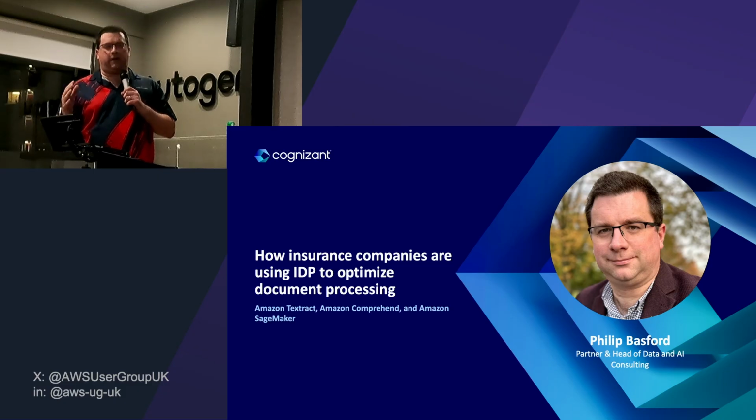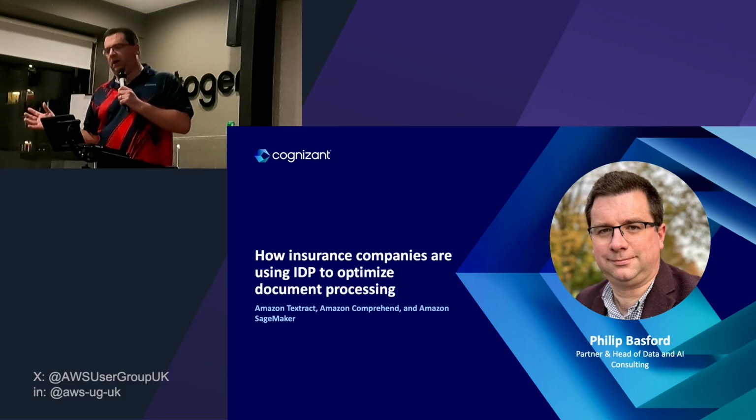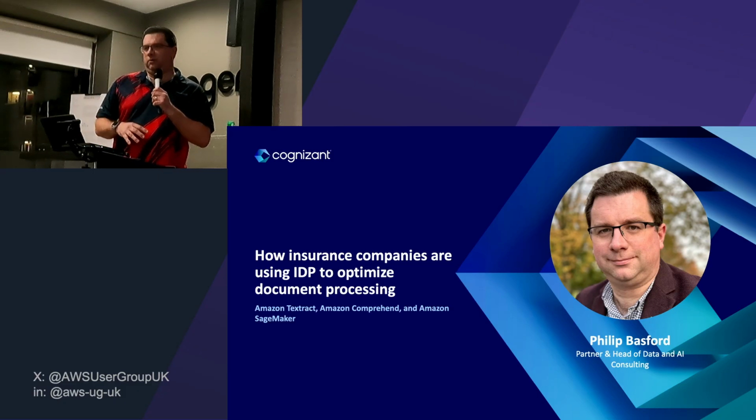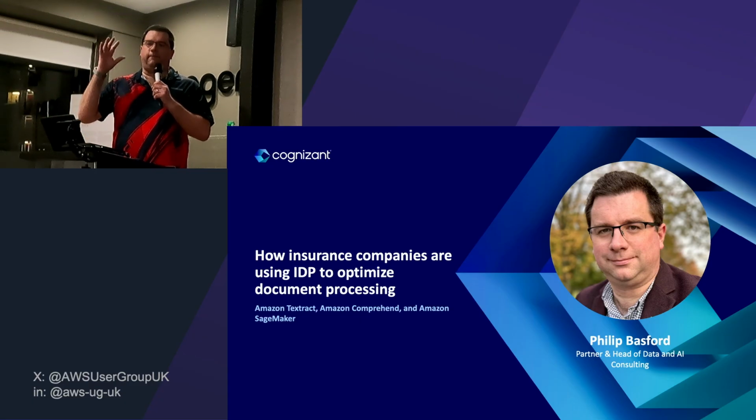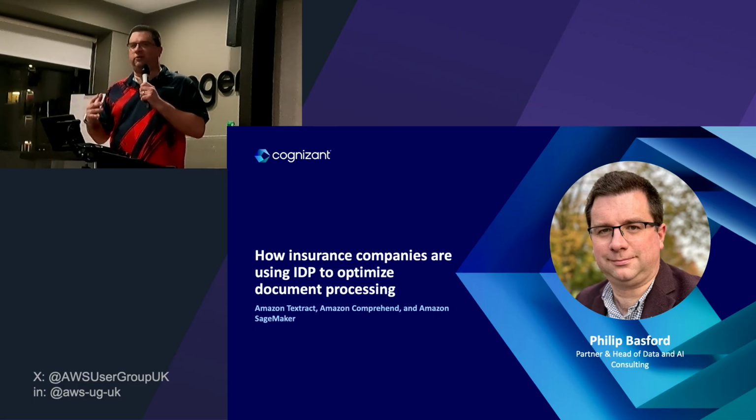Just before we dive in, a bit about me. I work for a company called Cognizant, in their consultancy business, helping with AI and that kind of thing. But I've been using AWS since about 2016. You may notice I'm wearing this outfit, so I'm what we call an AWS ambassador. I represent the company I'm from, but I'm also a SME on the subject, so I have a gold jacket.